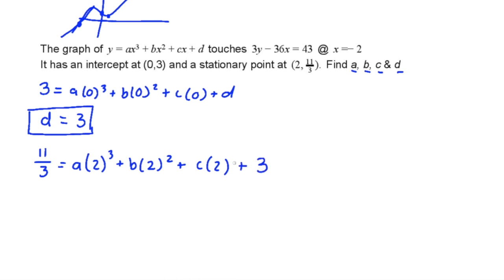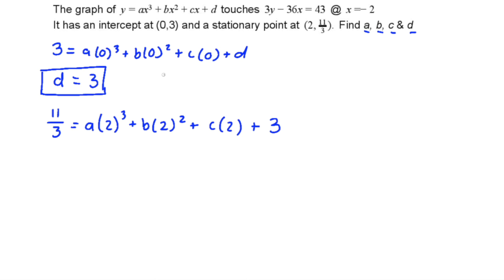So 11/3 equals 8a plus 4b plus 2c plus 3. That'll be our first simultaneous equation.